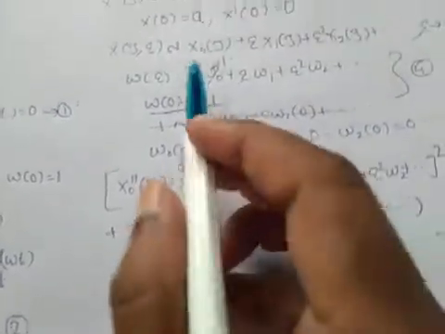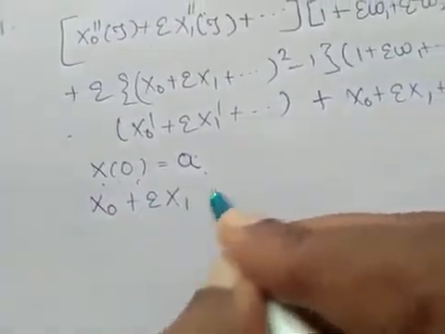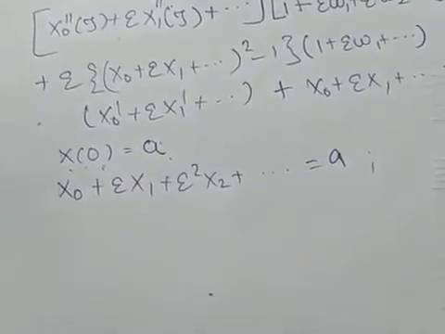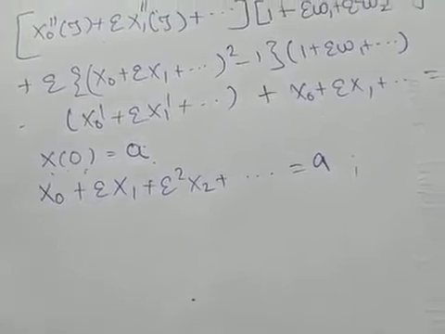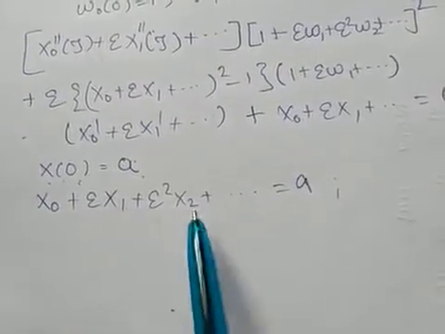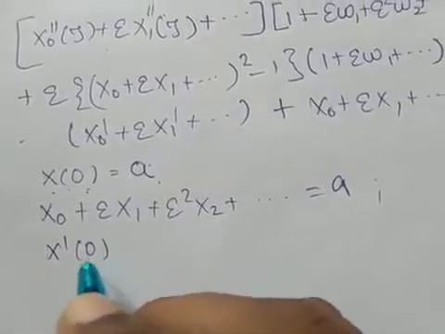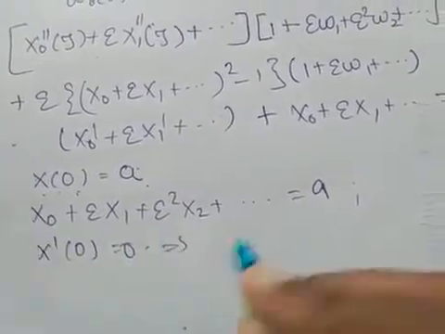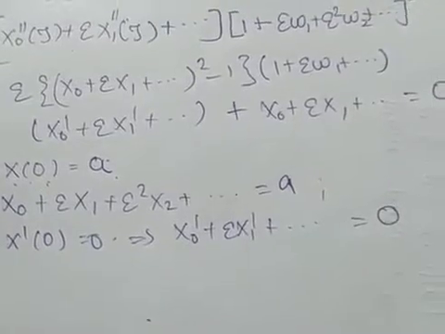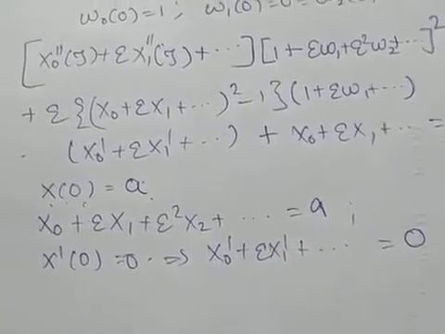What is our x? x naught plus epsilon x1 plus epsilon square x2, etc., equal to a. When we equate the terms, we will get x naught of 0 equal to a, x1 of 0 equal to 0, x2 of 0 equal to 0, etc. Similarly, what is our second condition? x dash equal to 0 means x naught dash plus epsilon x1 dash, etc., equal to 0. It means x naught dash is 0, x1 dash is 0, x2 dash is 0, etc.